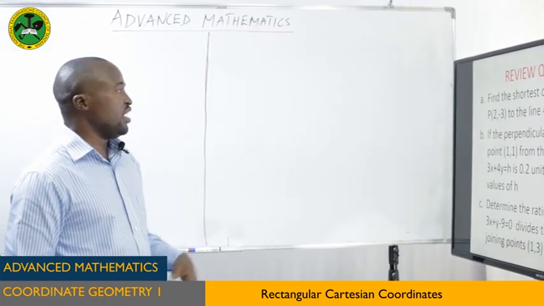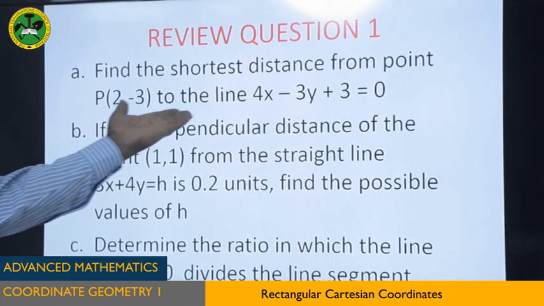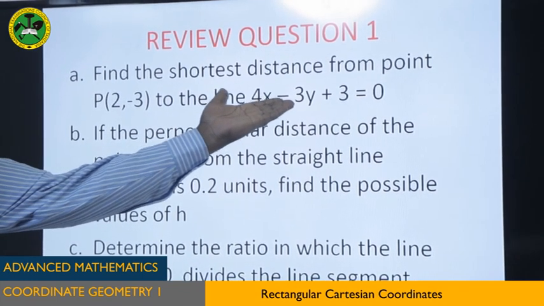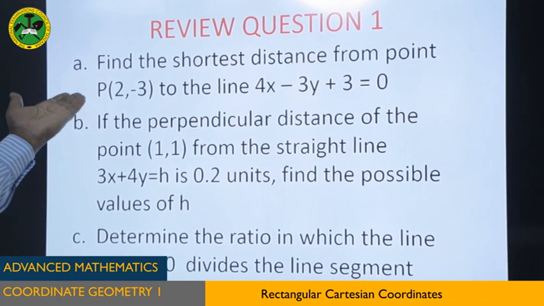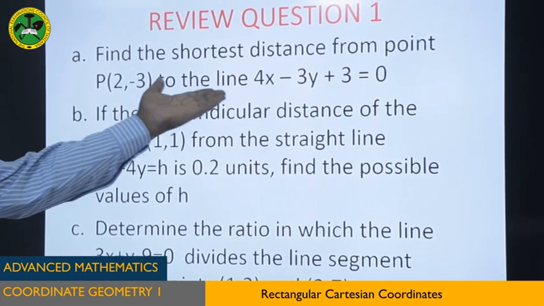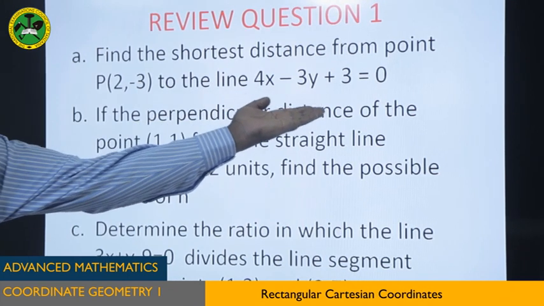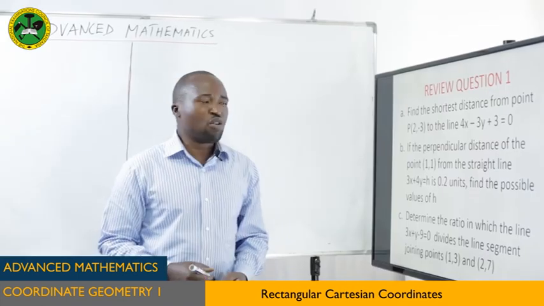We are going to start with A. The question says, find the shortest distance from point P, that is (2, -3), to the line 4x minus 3y plus 3 is equal to 0. That is our question.